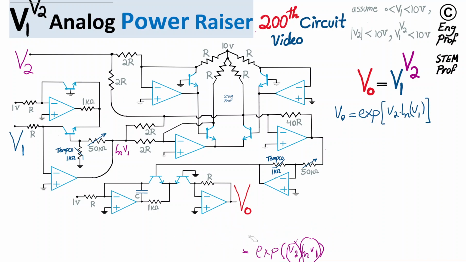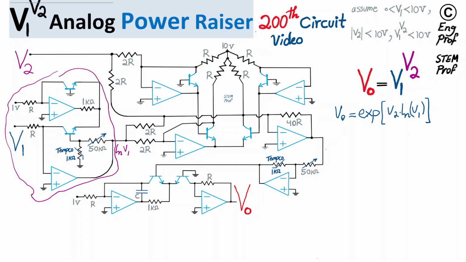So to get to that point, we start with the first subcircuit, this one. And I'm going to show that it's computing ln V1 at the output, which is at this node. This node here is the output of the circuit, basically OpAmp 1 and OpAmp 2. We are talking about the output Vout2, so the output of OpAmp 2.